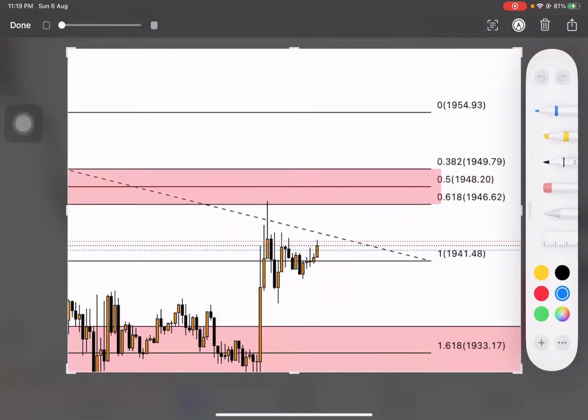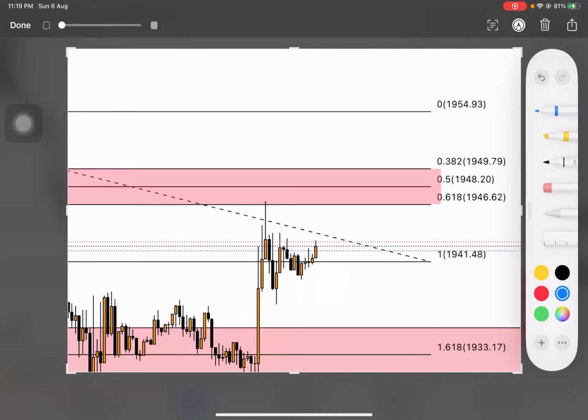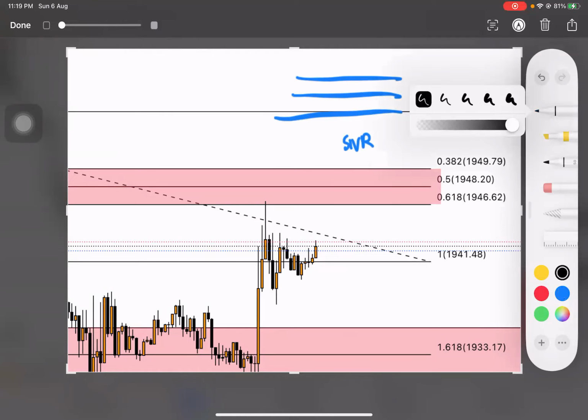The confirmation for you to enter with Fibonacci is that you treat every level as an SNR level. If the price comes in, rejects, then pulls back, you can try the entry. If there is a breakout, you can try the entry.